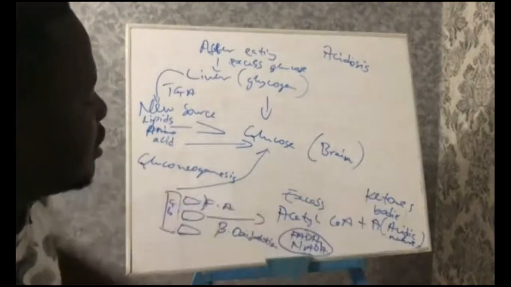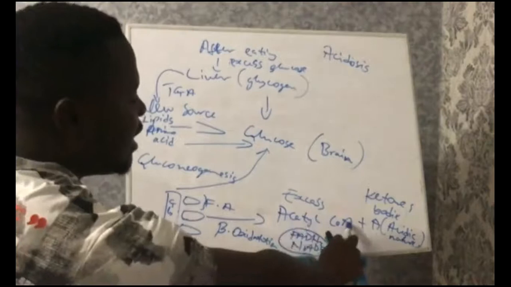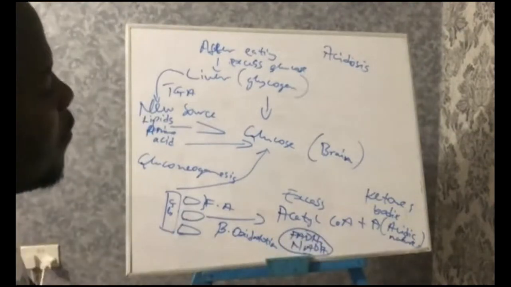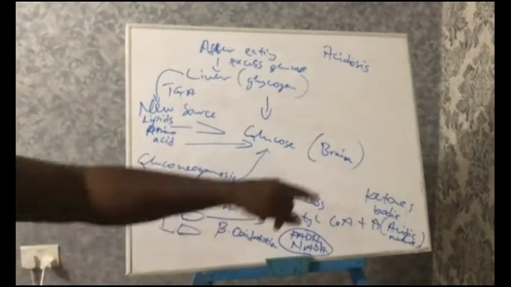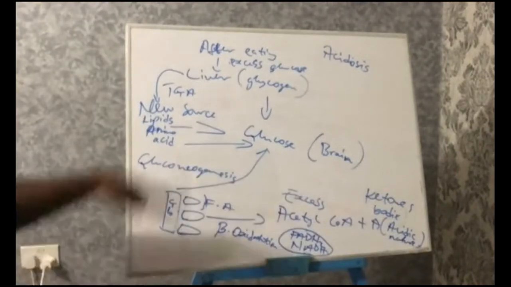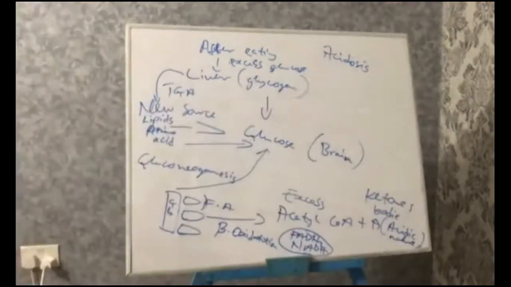These will go into the electron transport chain. But the acetyl-CoA will come together and form what we call ketone bodies. And these ketone bodies, even though they serve as a source of energy, are still acidic in nature, so the body will go into a state of what? Acidosis.